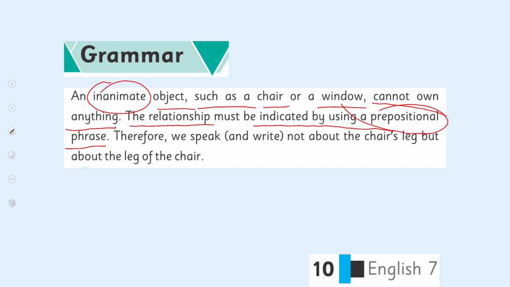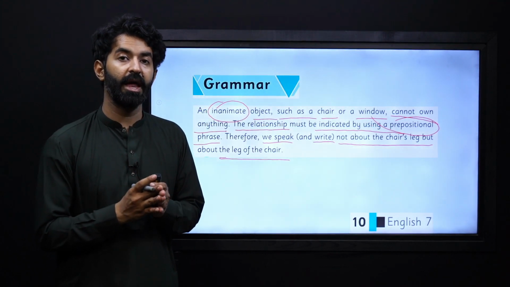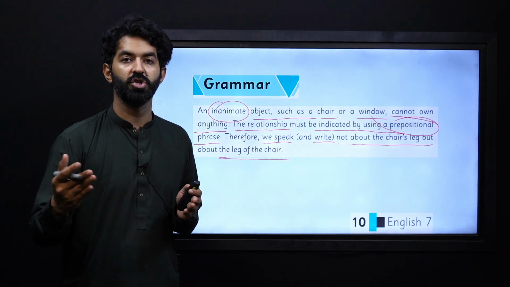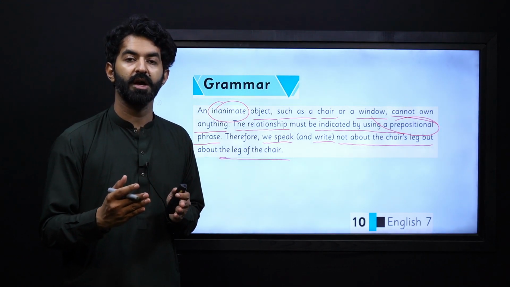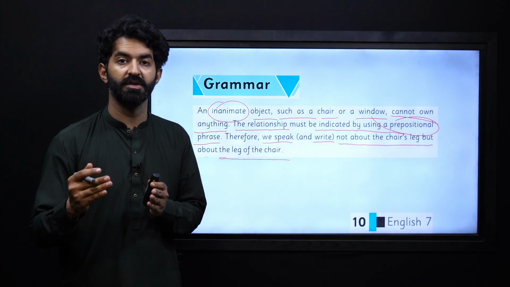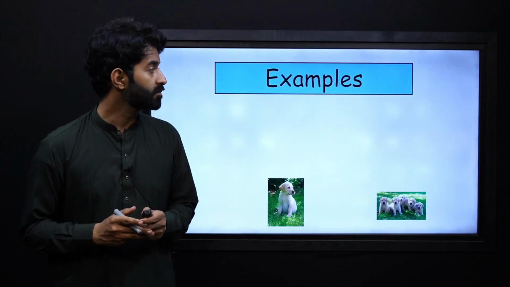Therefore, we speak and write not about the chair's leg, rather we say the leg of the chair. So when we use animate nouns, we can say Arif's chair or Hamza's book. But with inanimate objects, we cannot say chair's leg. We have to say leg of the chair.